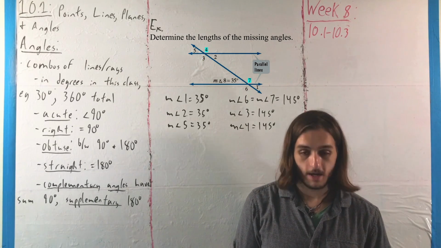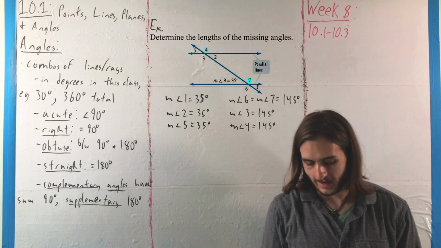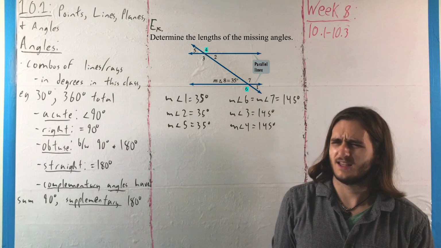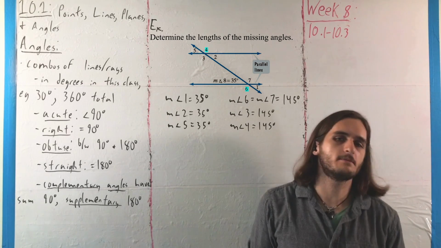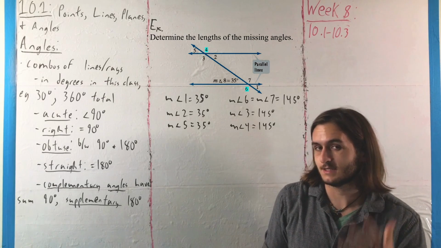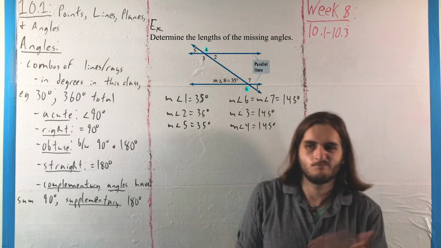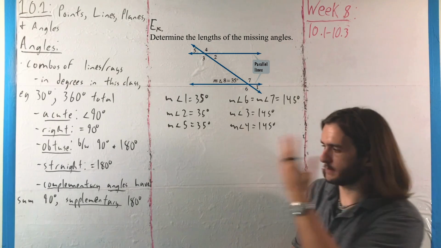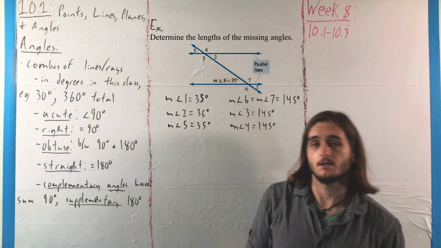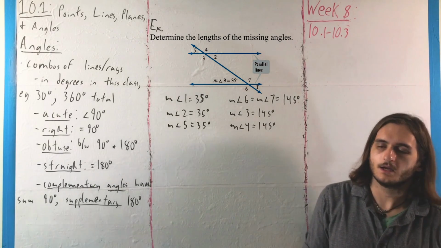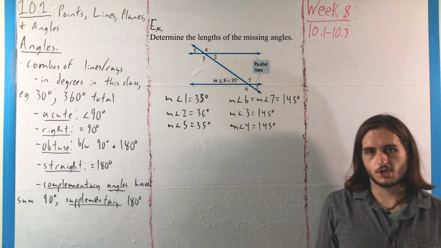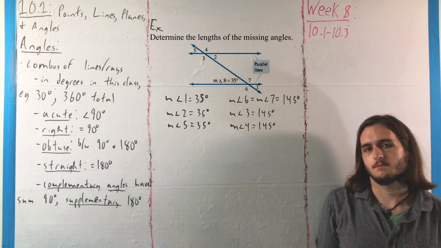It is also an alternate exterior angle with relation to 6, and I think that covers all of them, but it probably doesn't because a lot of these, as I said, refer to the same sorts of relationships, just pushed around. It's all about supplementary angles when it comes to these things. If you understand that type of idea and then can see the relationship pictographically, it should make some sense.